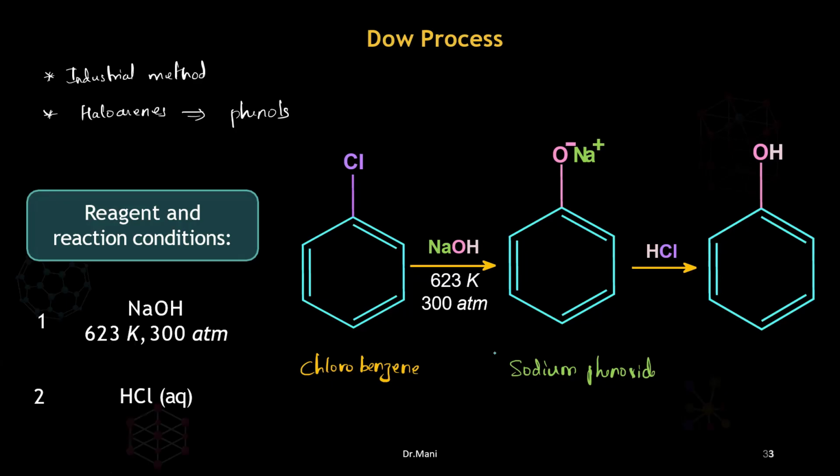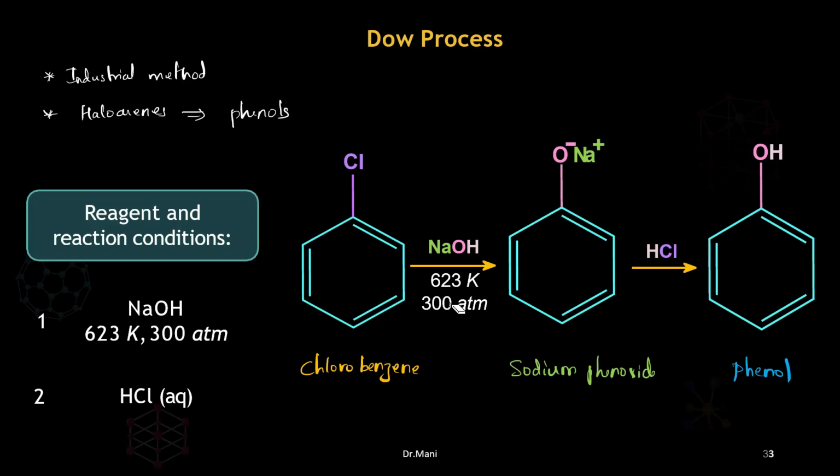Now this sodium phenoxide is reacting with the hydrochloric acid and it will be converted into the phenol. Okay, so you are treating the sodium phenoxide that you got in the previous step with the hydrochloric acid. So when you treat with the hydrochloric acid, it will finally produce the phenol. Understood? So the chlorobenzene, you are reacting it with the sodium hydroxide at 623 Kelvin, 300 atmospheric pressure.